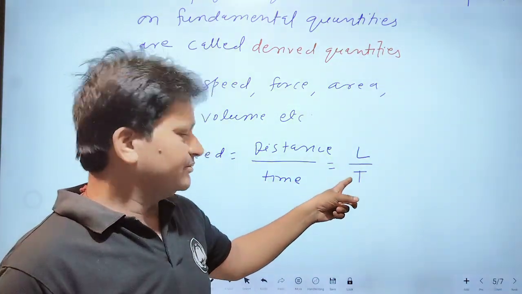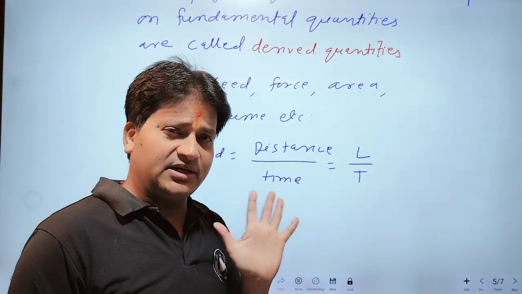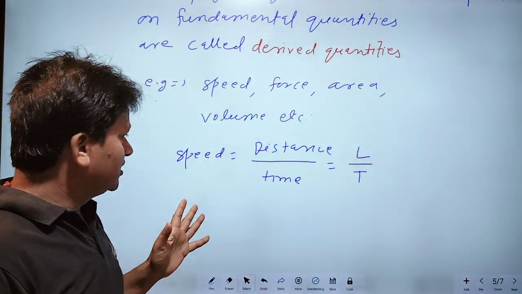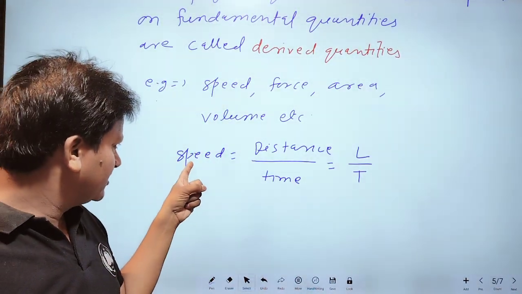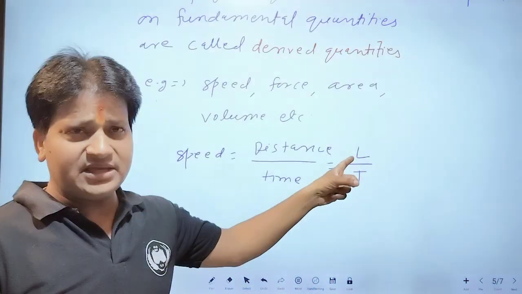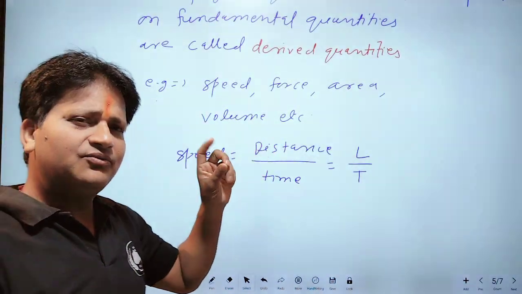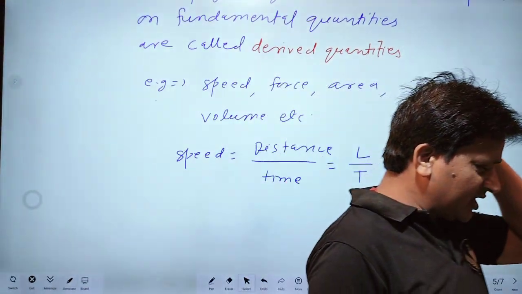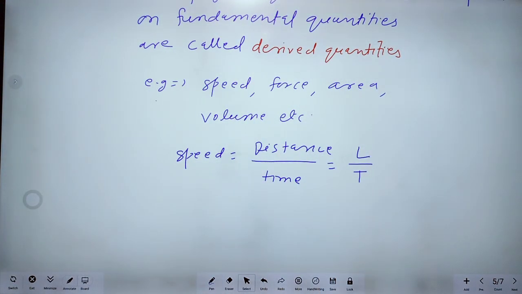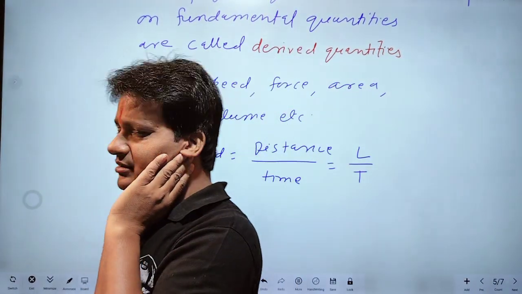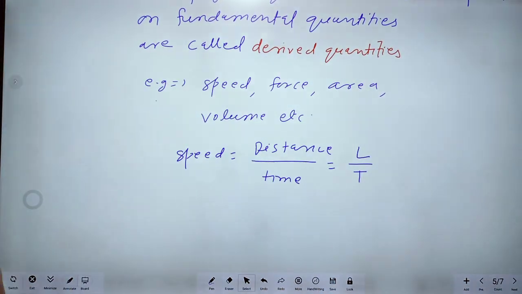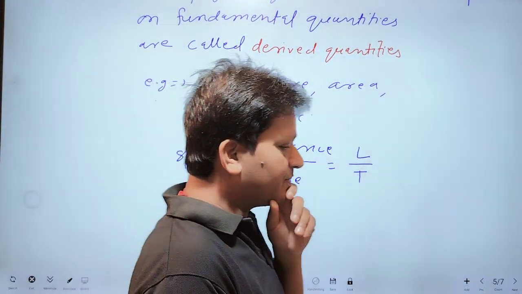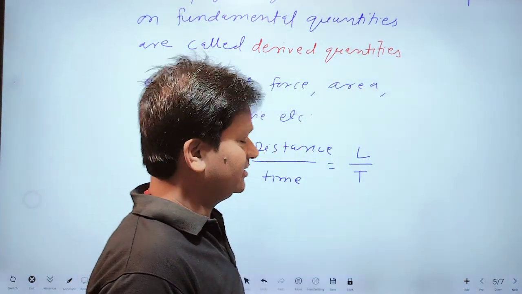Length and time are fundamental quantities. Therefore, you can say that speed depends on length and time, which are fundamental quantities. That's why speed is a derived quantity.